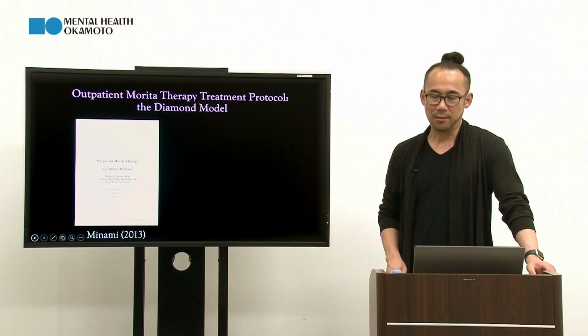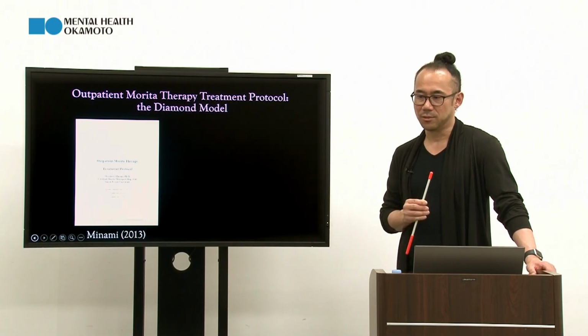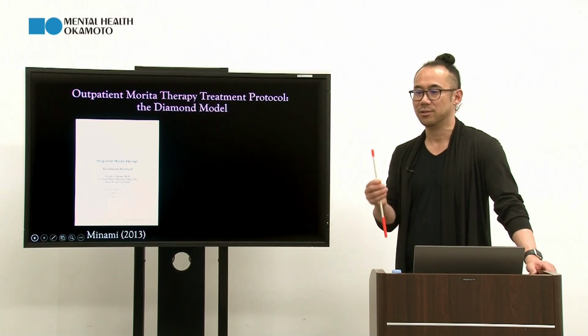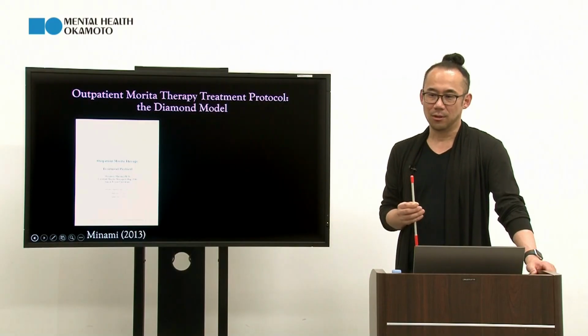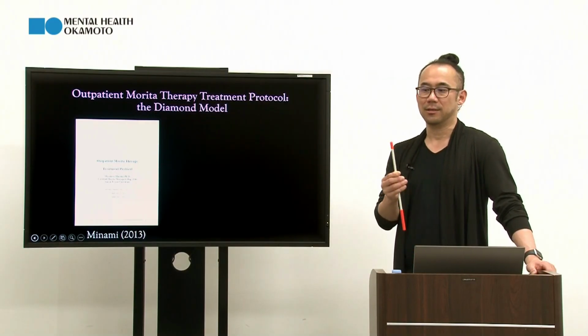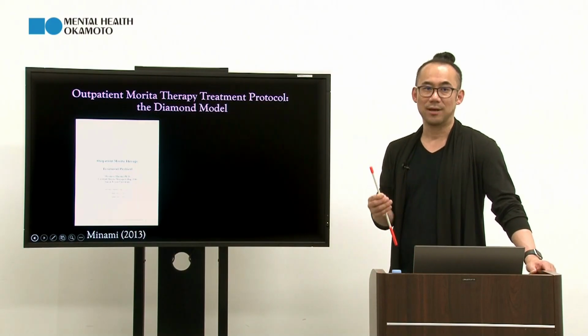And there is the outpatient Morita therapy treatment protocol, called the Diamond Model, which I have worked on mostly with colleagues from England. The guidelines published by the Japanese Society for Morita Therapy were described at the level of principle, with the introduction of a few strategies.